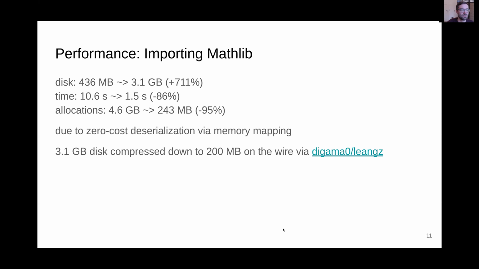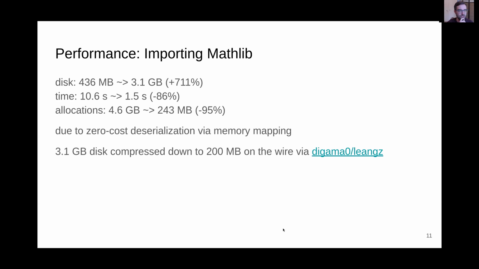We are absolutely interested in also improving all of these metrics in the future. But it should also be mentioned that when downloading all of these 3 gigabytes, it's not quite as big a problem because this is compressed down to about 200 megabytes thanks to Mario Carneiro's leangz compression tool. All right.